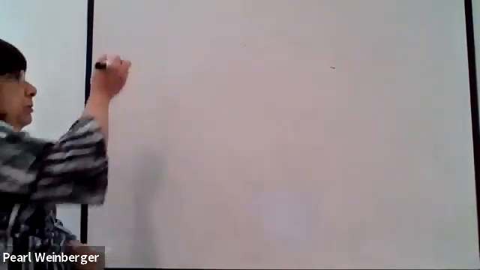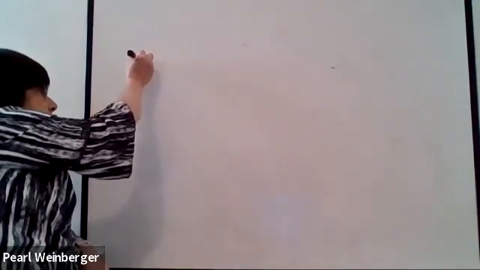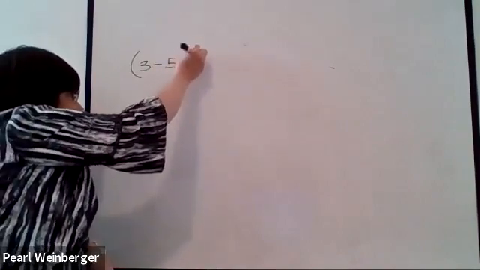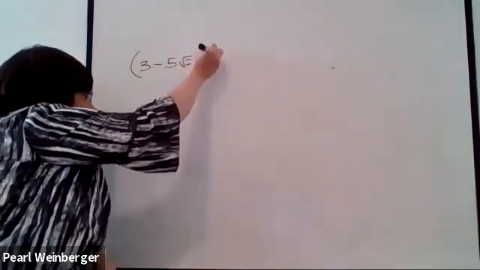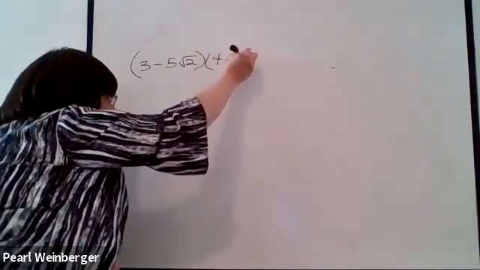Okay, so we were in the middle of multiplying radicals, and we talked about what happens when we're multiplying radicals that are binomials. For example, if I gave you something that looks like this, 3 minus 5 radical 2 times 4 plus 2 radical 2.